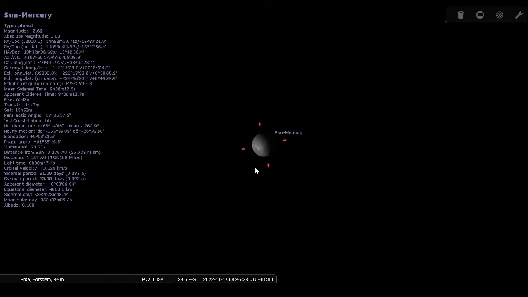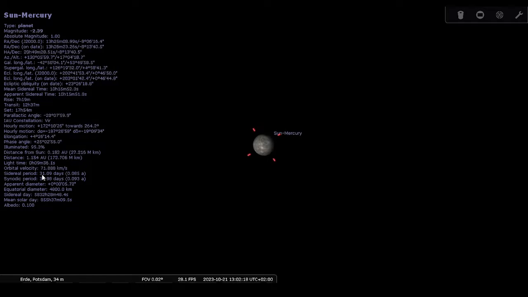But now we are looking at Sun-Mercury. That planet is placed in between the Sun and Mercury, and its semi-major axis is exactly half of the semi-major axis of Mercury. So I'm using these properties to calculate the semi-major axis and also deriving the orbital periods from the third Kepler law.